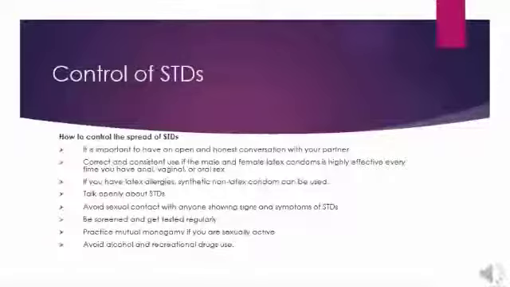If you have latex allergies, synthetic non-latex condoms can be used. 4. Talk openly about sexually transmitted diseases. 5. Avoid sexual contact with anyone showing signs and symptoms of sexually transmitted diseases. 6. Be screened and get tested regularly. 7. Practice mutual monogamy if you are sexually active. 8. Avoid alcohol and recreational drug use.